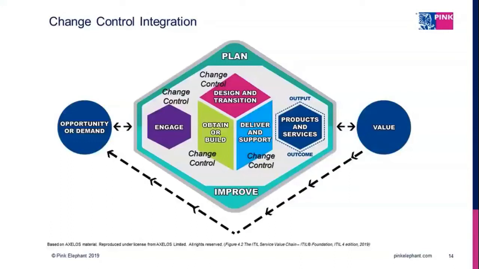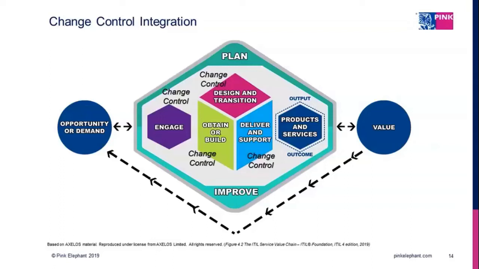So it may not be so much engaged in the design stage of that, but definitely once the work has been designed and it's been built, and it could come back then into transition, change control is going to play a very big part of that. Now, as part of Engage, when we start talking about change control, you'll see I have that highlighted around Engage also. That is because there may be conversations with the business around the change. Before we transition, there could be training engaged with the business.